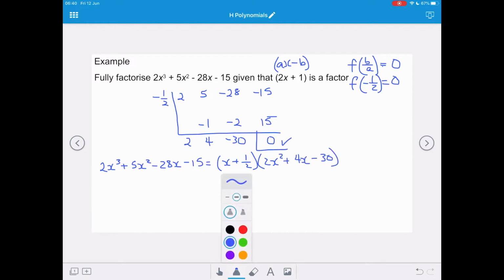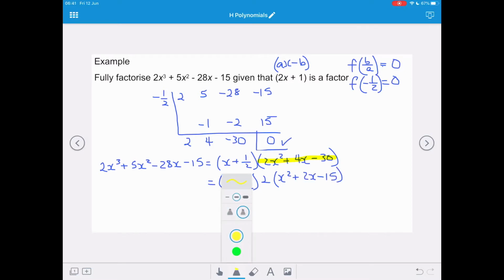Now we need to factorize that second bracket. There's a common 2 in all three terms. So we're going to get x plus a half, and our common factor of 2 multiplied by x squared plus 2x minus 15.